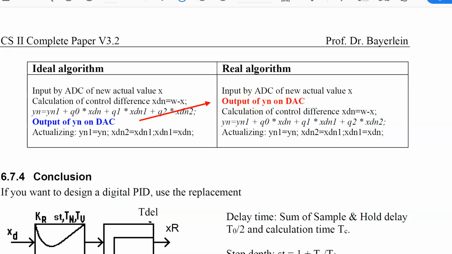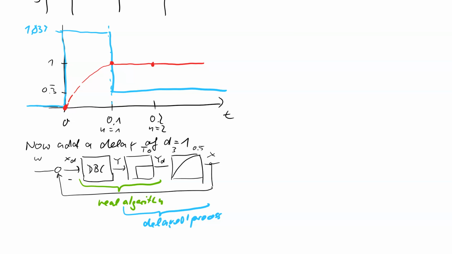Okay, back to our example. Now there is a delay here, and we have seen that the algorithms now are different.